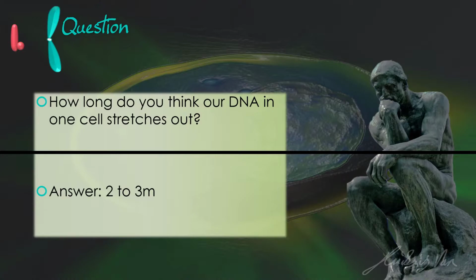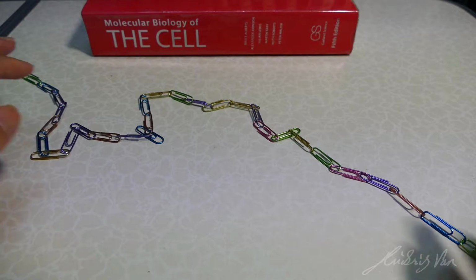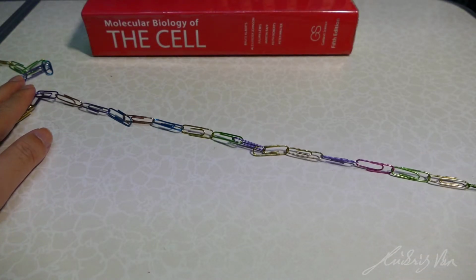How does our cell squeeze so much DNA or chromatin inside the small little cell? What I have down here is a string of paper clips. They will serve as analogy for our DNA.